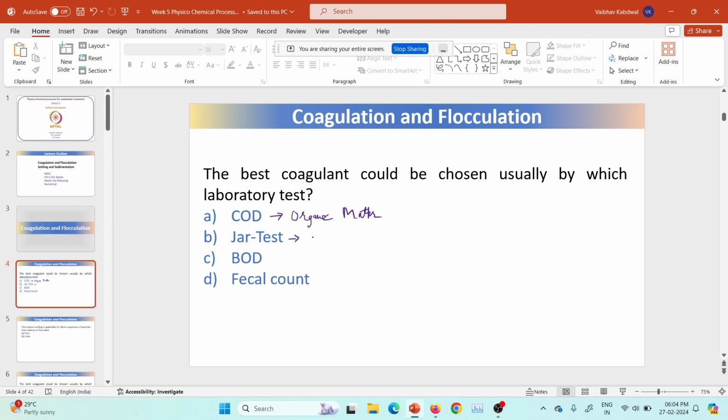Jar test is for optimum coagulant dose. BOD is for biodegradable organic matter. Fecal count is for fecal coliform.